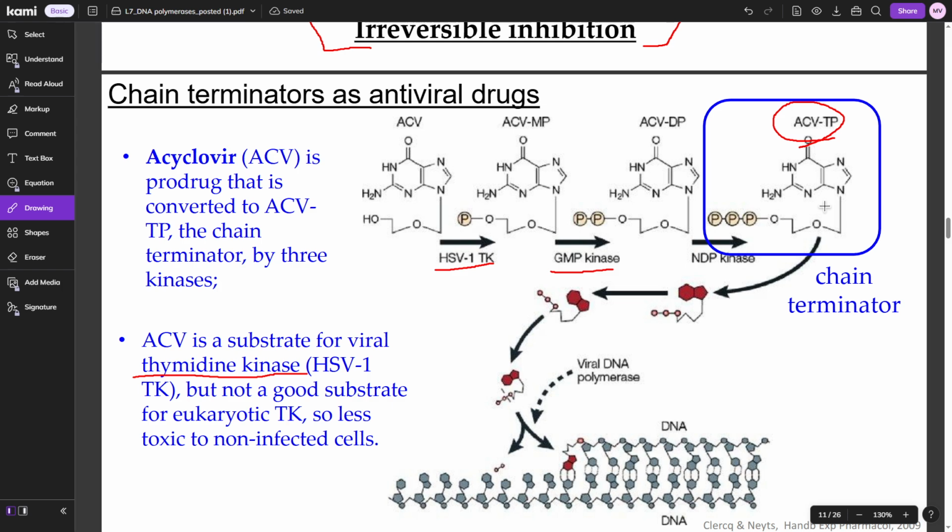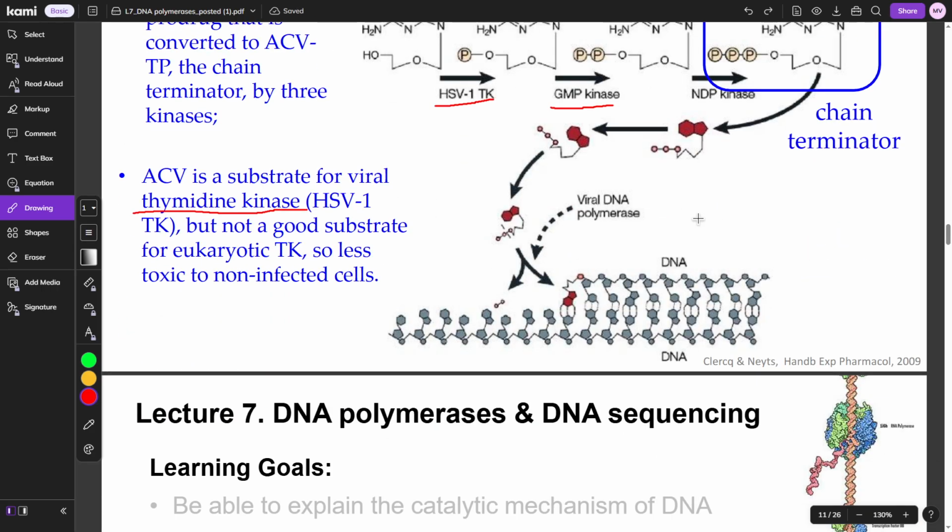But because there's no 3' OH or anything like that, it's never going to continue the chain. So it just completely stops the chain in its tracks, and it'll never go anywhere from there. You can also notice that this structure is very similar to, I believe, guanosine.